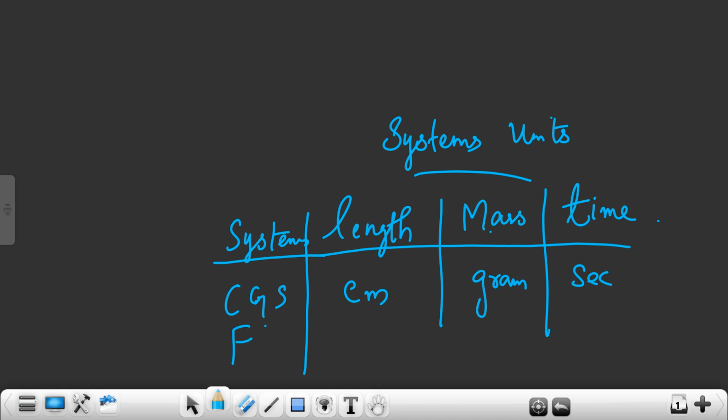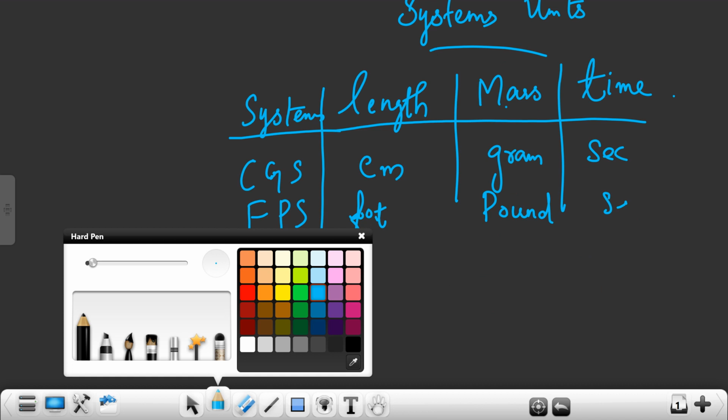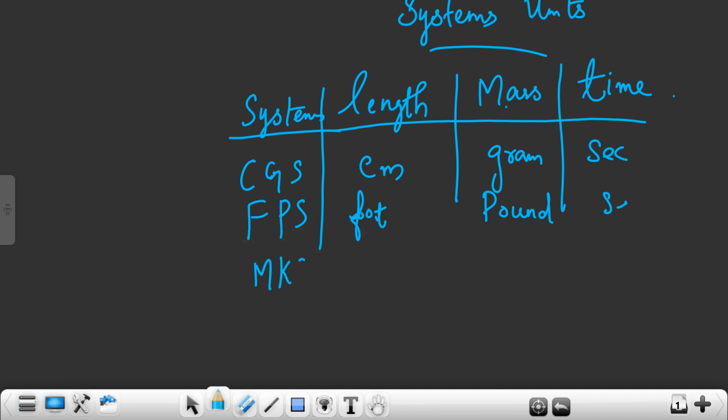In FPS system, length is expressed in terms of foot, mass in pound, and time in seconds. And in MKS system, length is expressed in terms of meter, mass in kilogram, and time in seconds.